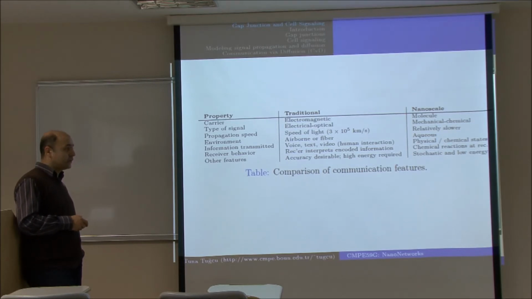However, in nanoscale networks, stochastic states appear. We are not exactly sure about what has been transmitted in most cases, but we try to work at very low energies because these devices typically do not have as much energy as your cell phone, for example.